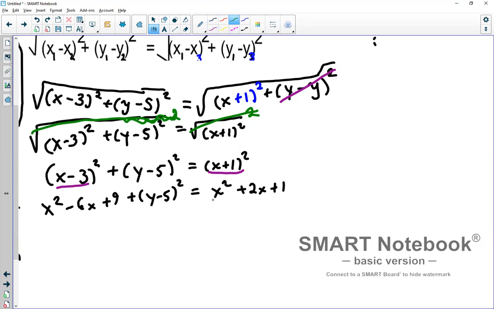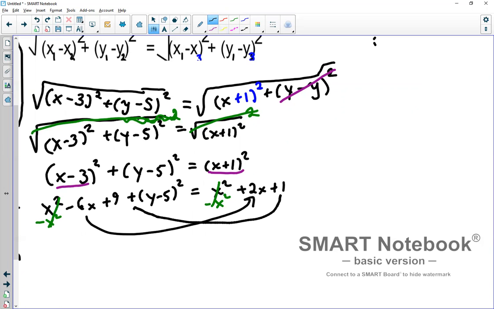Now you're worried about the x squares, but no need to worry about that. Since there's x squares on both sides, we could cancel those out. And what I would like to do is move all my x's to one side, pretty much away from the y, and I'm going to move my constants to what I left in parentheses.